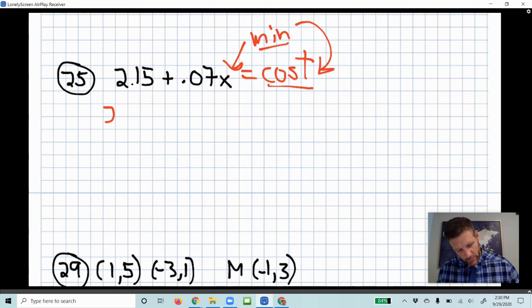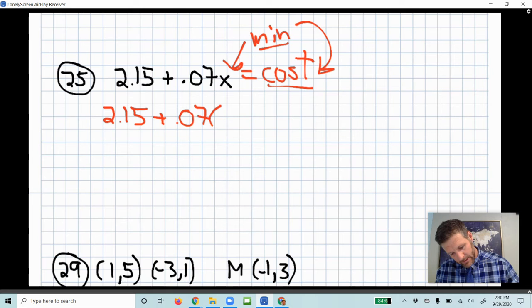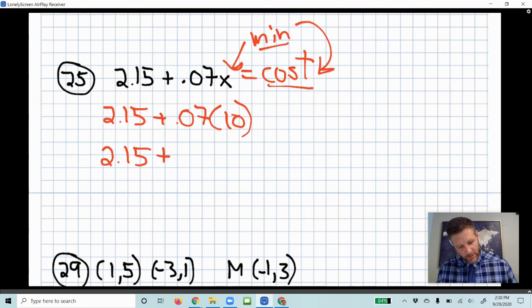So we just need to do 2.15 plus 0.07 times 10, because he says his phone call lasted 10 minutes. Okay, this is back in the day when you actually had to pay for your long distance phone calls. We're kind of past that at this point. And so that's going to come out to 2.15 plus 10 times 0.07 is just going to move the decimal place one spot.